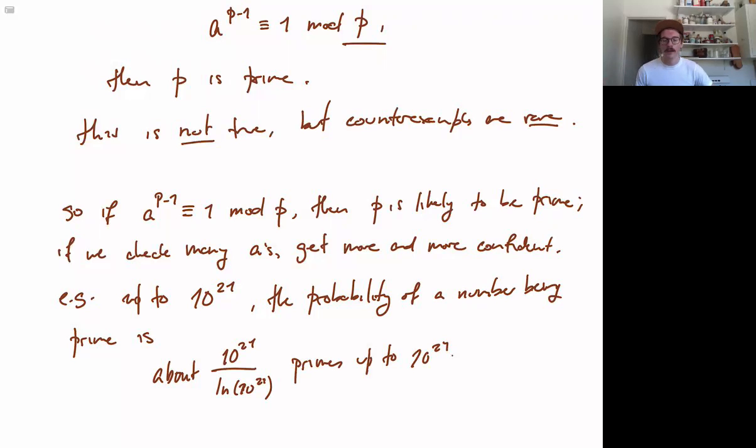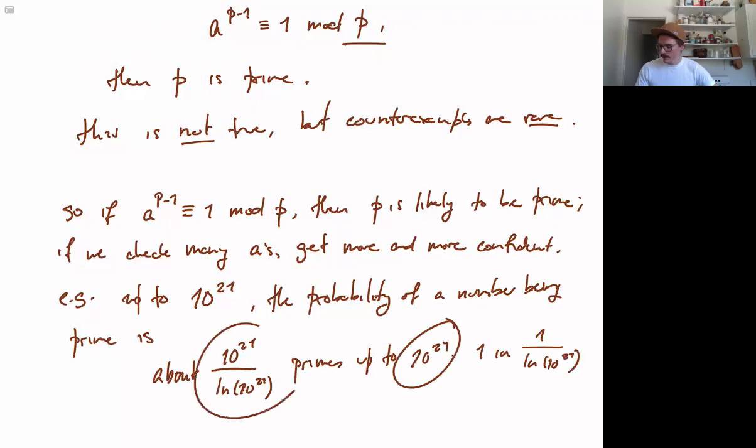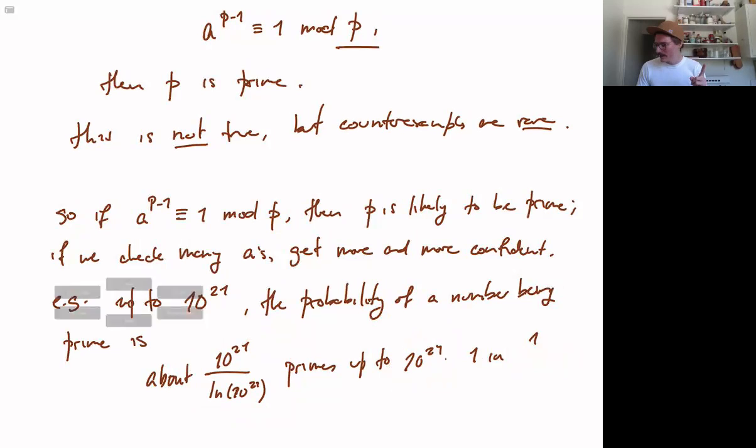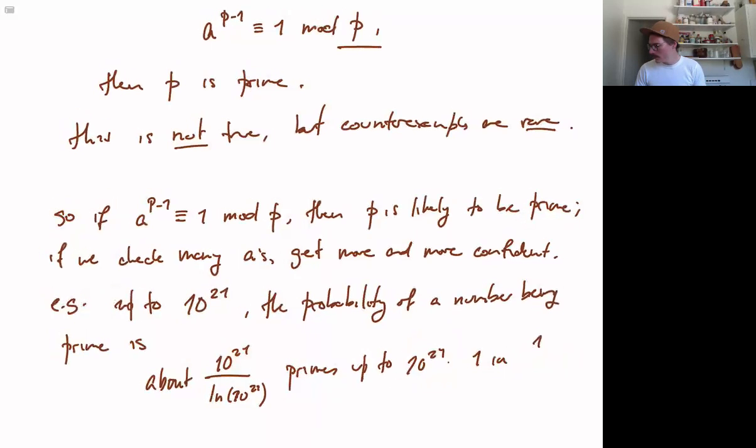So if you pick a random number and ask if it's prime, that's going to be about 1 over ln of 10 to the 21, because that's just dividing this number by this number. Anyway, this is what the probability is. Let me not be precise about this at all until we talk about probability.